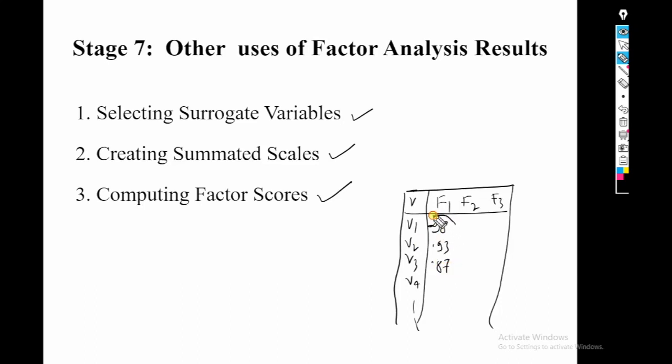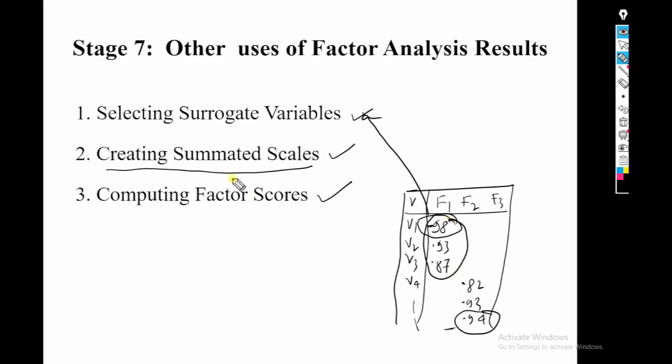This is the value of the surrogate variable: 0.98, 0.82, 0.93, 0.94. So what is the surrogate variable here? The maximum value of these. So there is one way to select the surrogate variable.